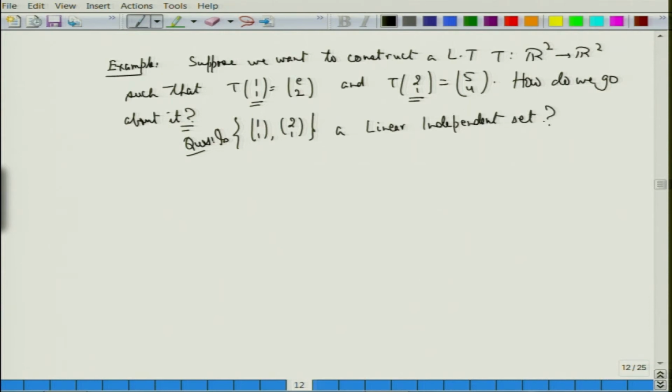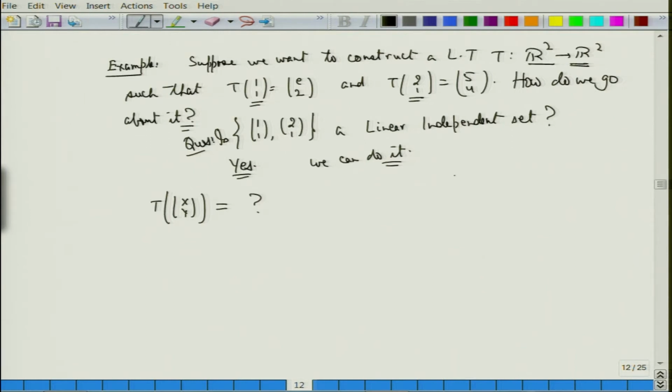The answer is yes. Since the answer is yes, we can do it. That is the first thing that you need to understand. Now, since I am defining a map from R2 to R2, I need to define it on a general vector (x, y). So what should T of (x, y) look like?